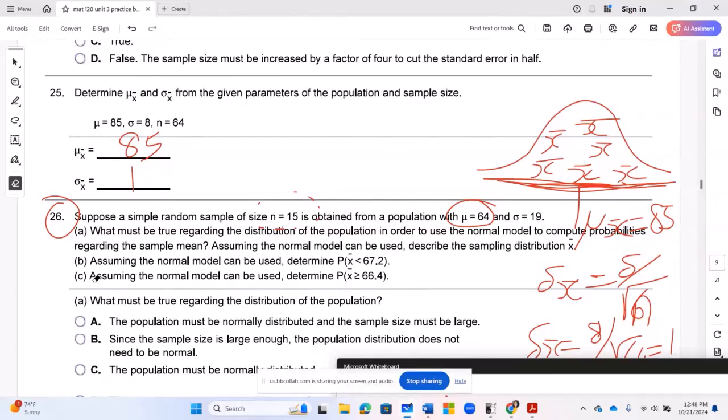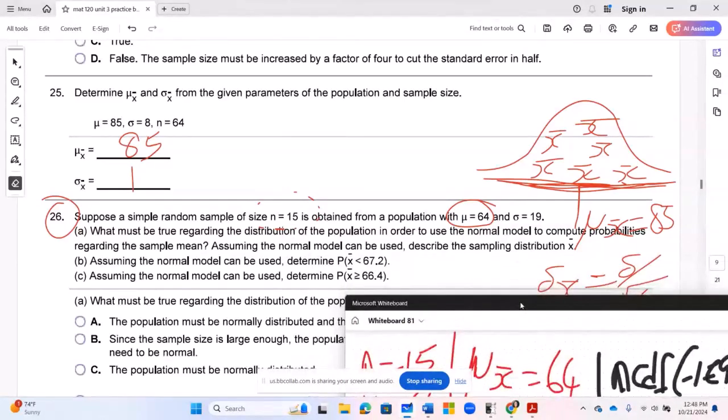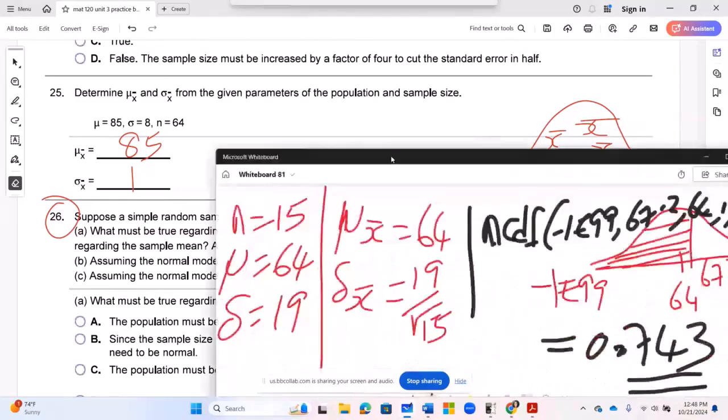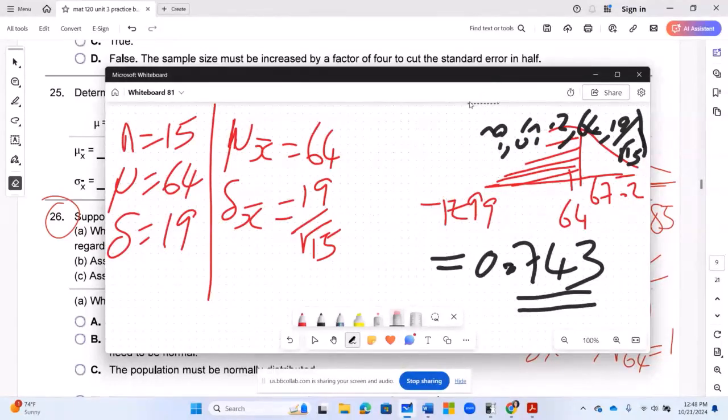So the next question is C. Assuming the normal model can be used, determine area to the right. This is another question, area to the right of 66.4. So let's find area to the right of 66.4. Everything is going to be the same except area to the right of 66.4.